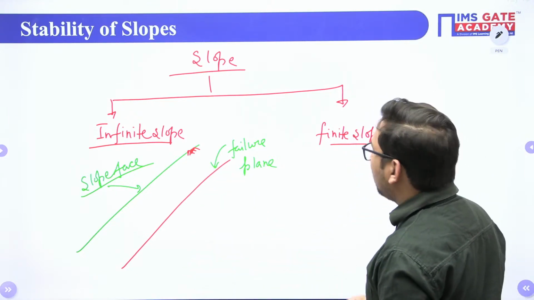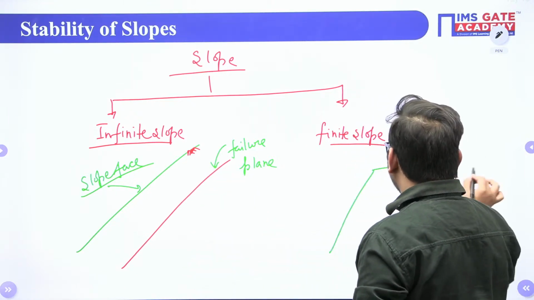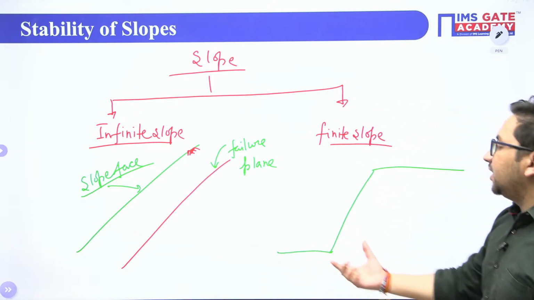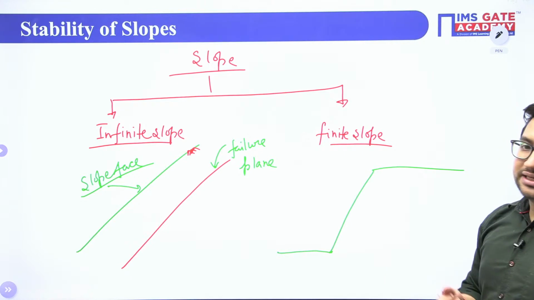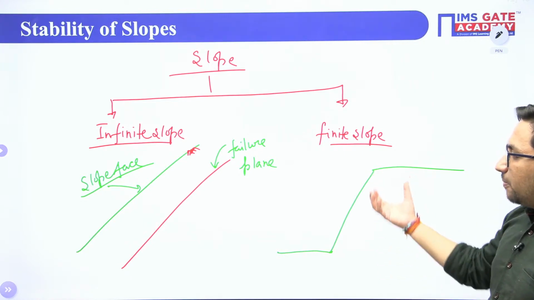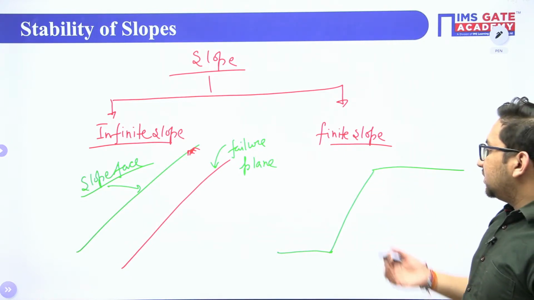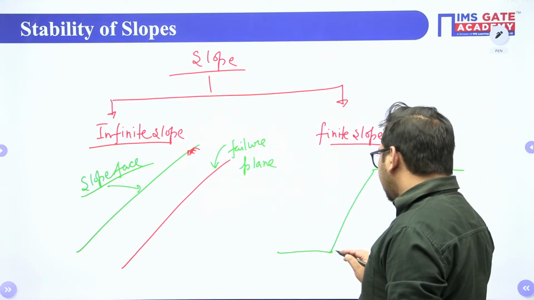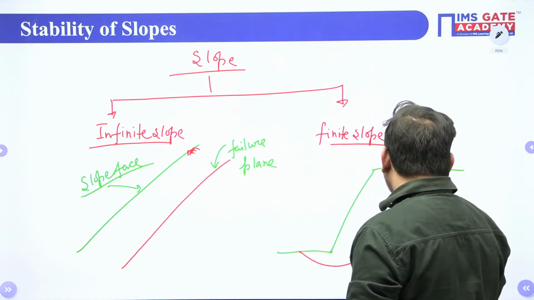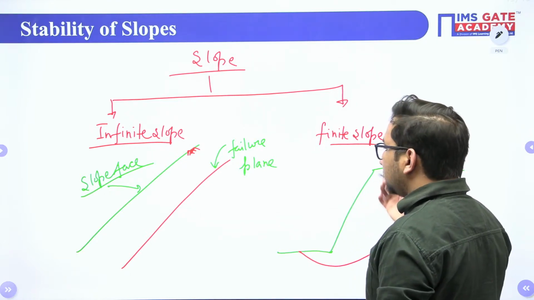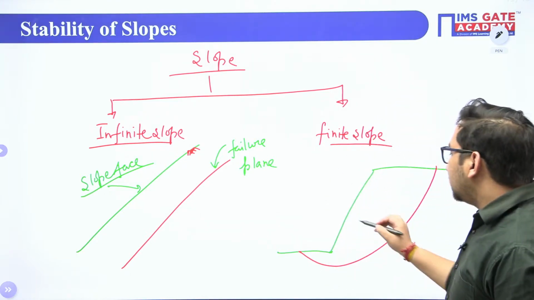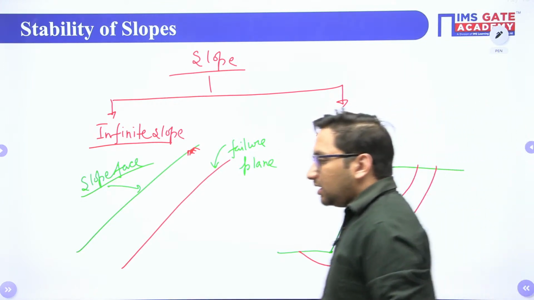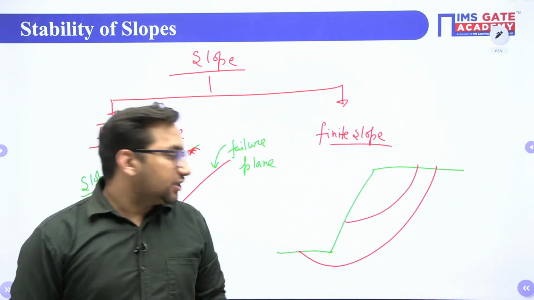Whereas if we talk about the finite slope, it has a finite extent. It means it has a fixed point where it starts and where it ends. Also, the properties of soil within this particular length may change, right? In this particular type of slope, we will find that the slope fails as a spiral or circular failure, right?